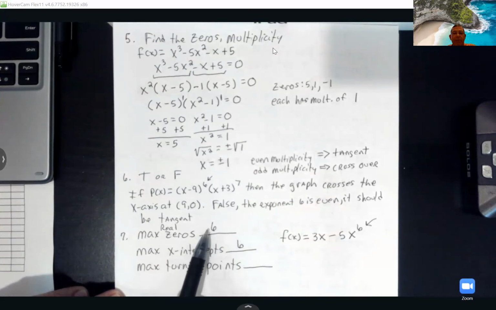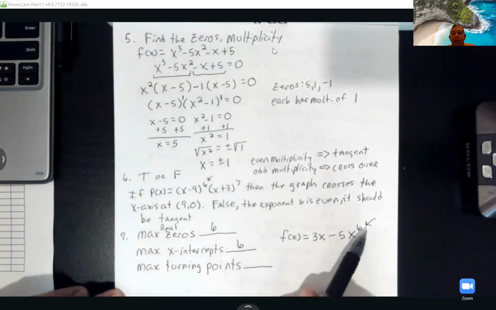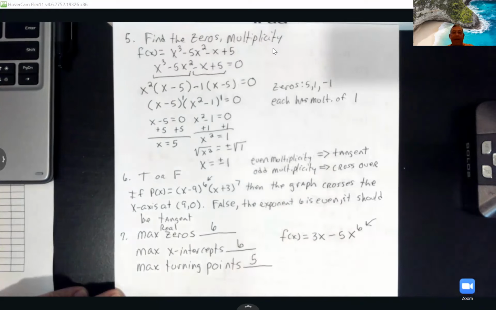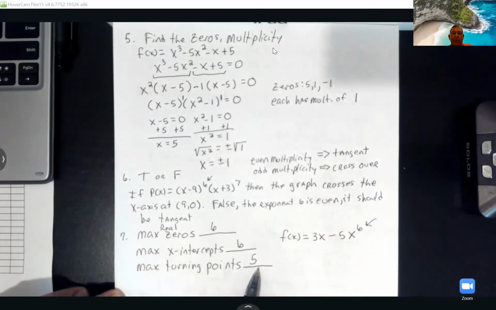If the real zeros equal 6, the maximum x-intercepts equals 6, the maximum turning points is the degree minus 1. So if I take 6, subtract 1, I get 5 from my turning points. So remember, equals the degree, equals the degree, equals the degree minus 1.